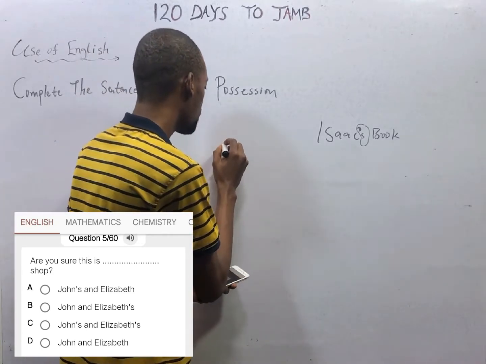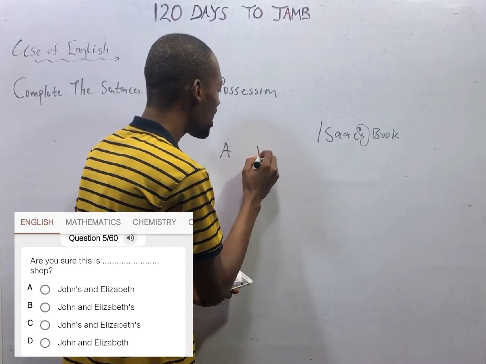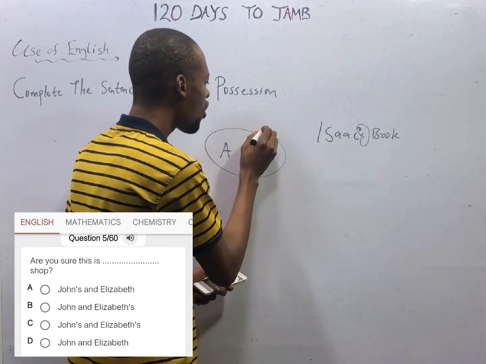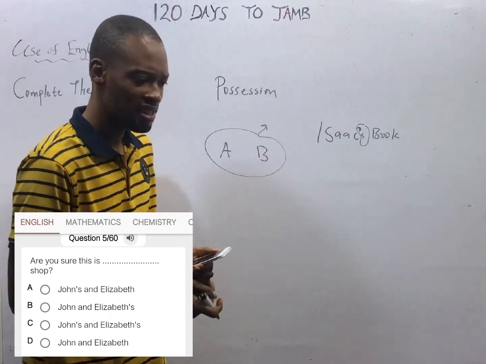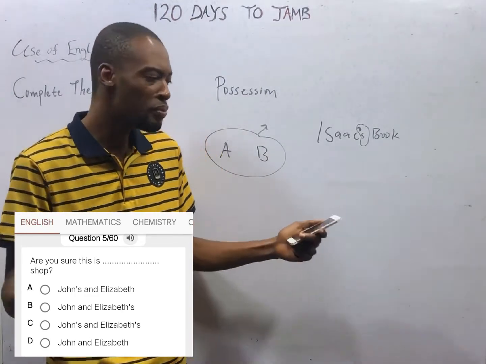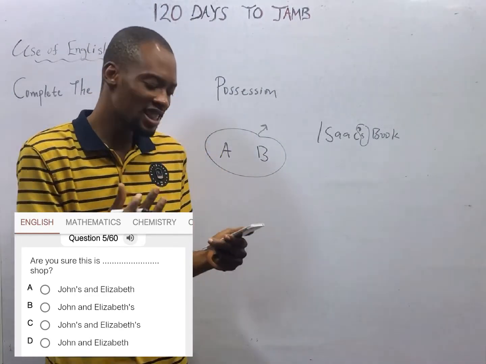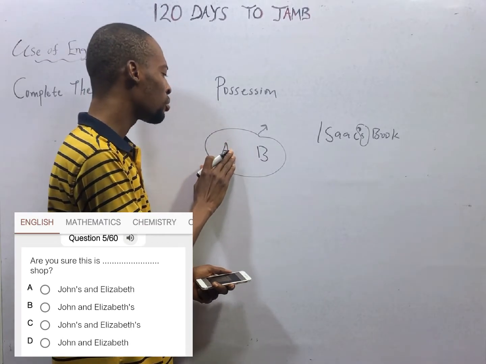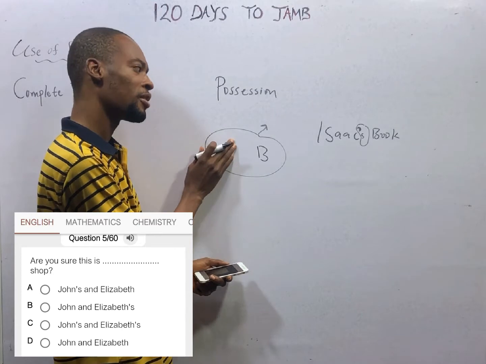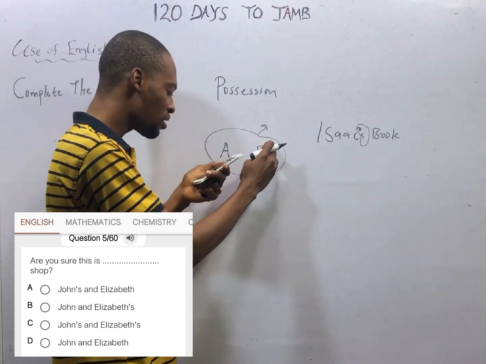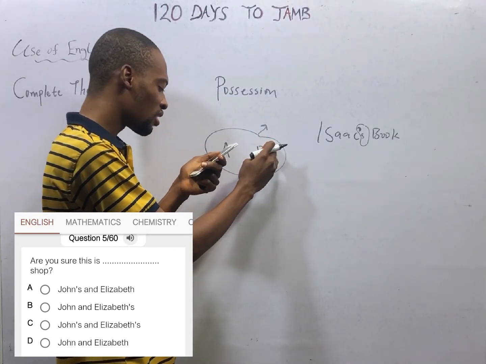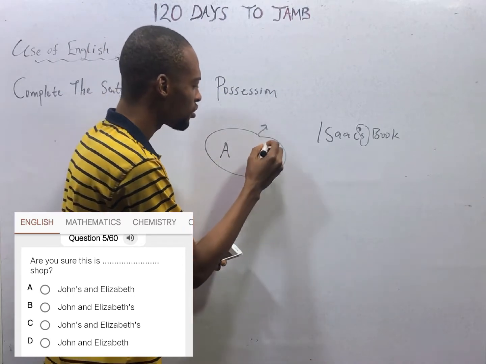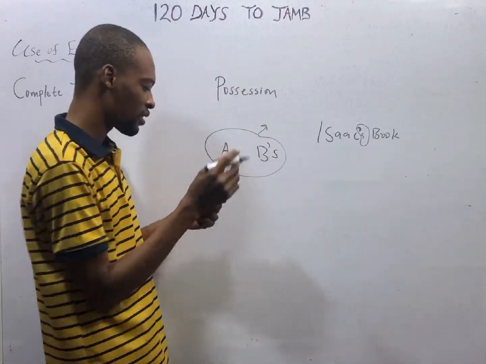If Mr. A and B own a property, a shop, a school, a book, if you are writing them, the one you write first should not carry the possessive case. The possession should be on the second one. So, the last possessor should carry this.